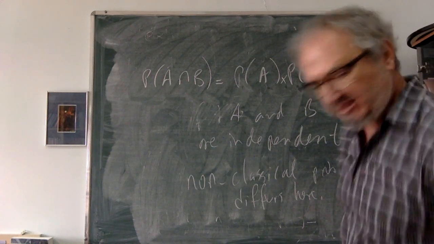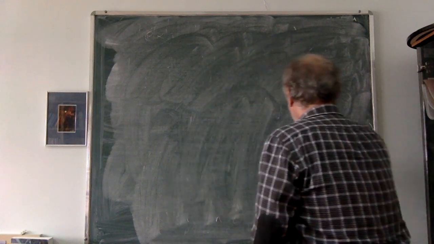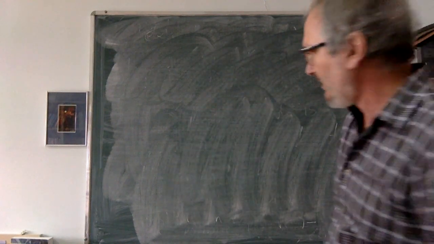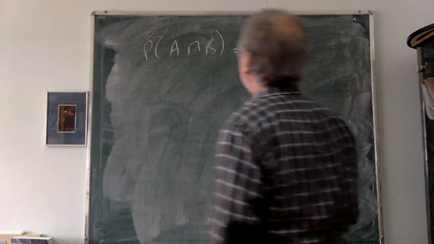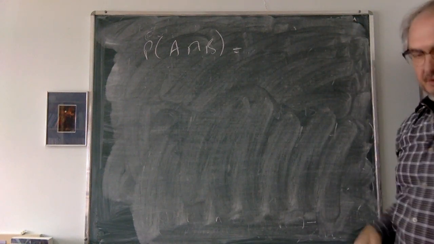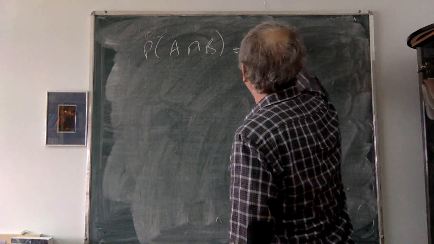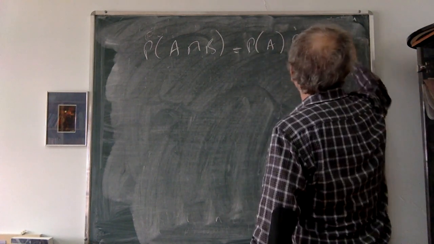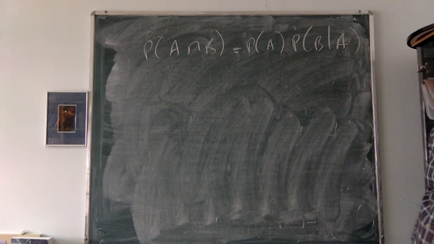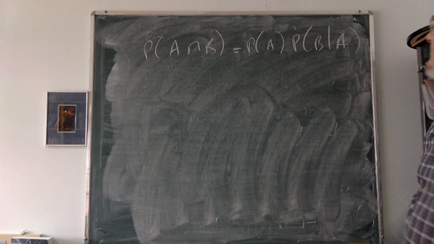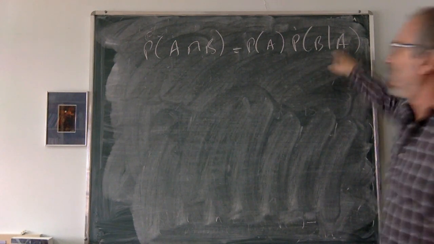How does that relate to conditional probabilities? Well, probability of A and B, in other words, the intersection, is probability of A times probability of B given A. Okay?